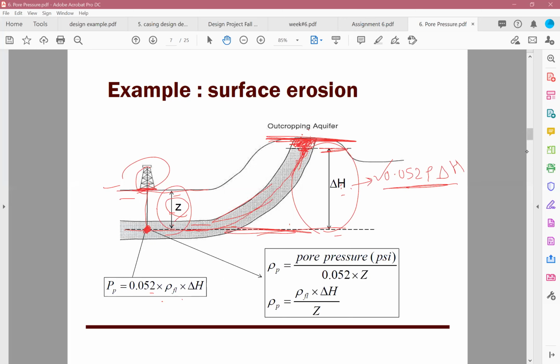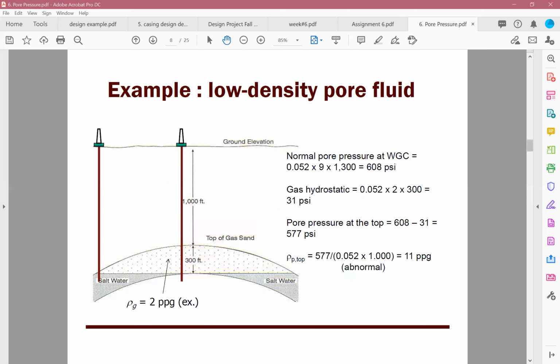But since you're drilling at this depth, based on this Z or the depth of the formation, you think it's abnormal, right? And it is abnormal. You might have formations that are going this way, and then suddenly your formation pressure spikes, okay? So that's another reason that you might have abnormal pressure, right?